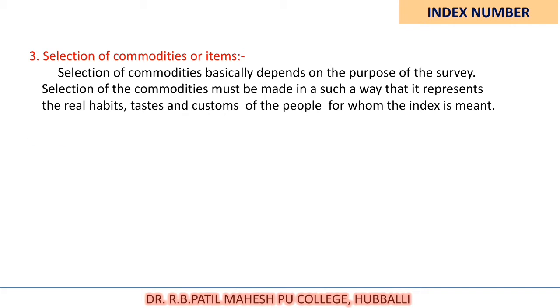For example, suppose we want to construct a consumer price index number for rich class people. Then we have to select items which are most commonly used by them, like costly vehicles, branded clothes, etc. If our purpose is the wholesale price index number, then our items depend on the wholesale market, so we have to choose items that are transacted in the wholesale market.